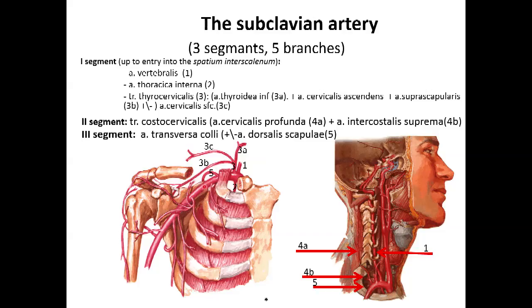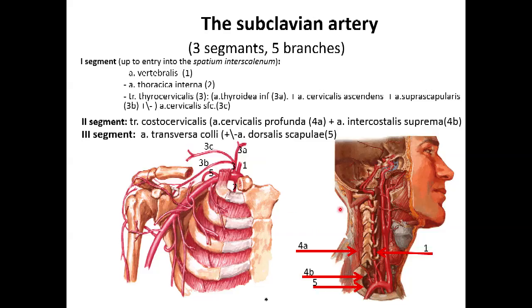Again, these vessels are very variable. That's why they can seriously differ in different persons. Arteria dorsalis scapulae, here it is. We can't find arteria transversa colli in this picture. Why?